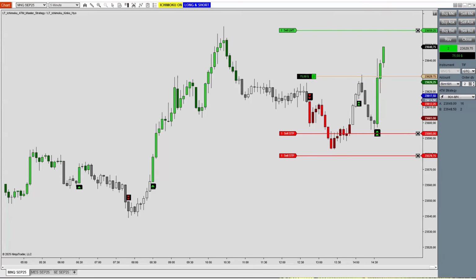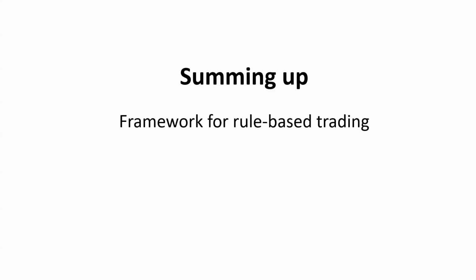So as you see, this offers the best of two worlds: structure and automation on the entry side, discretion and adaptability on the exits. So it's a more accessible way to integrate a tested logic into your real world trading routine, and lets you apply chart-based logic that a conventional NinjaScript strategy wouldn't be able to do. All right.